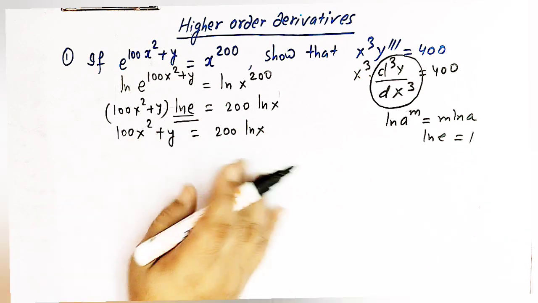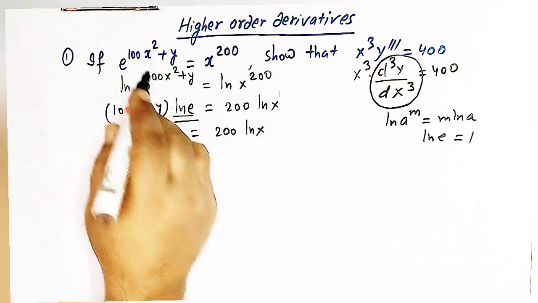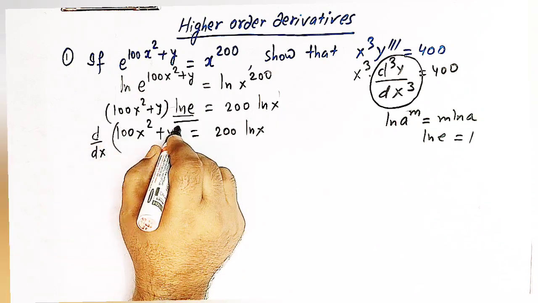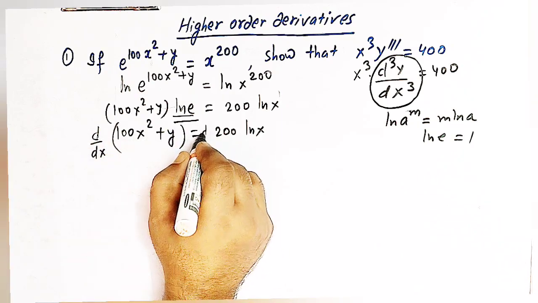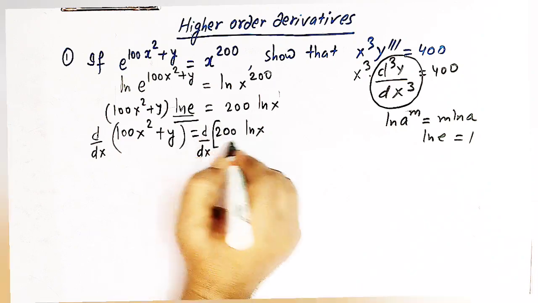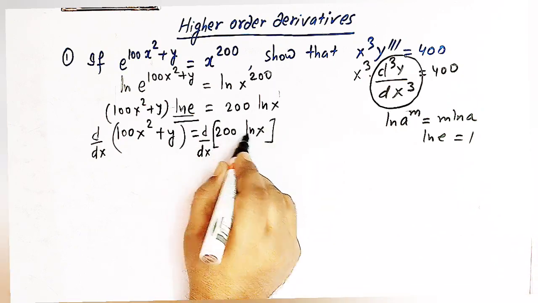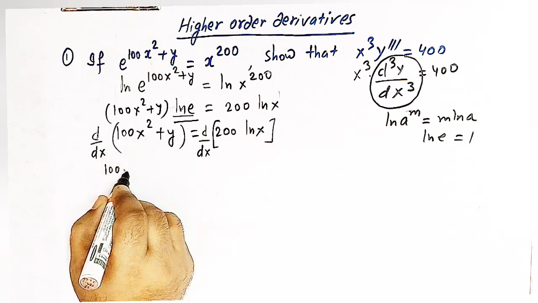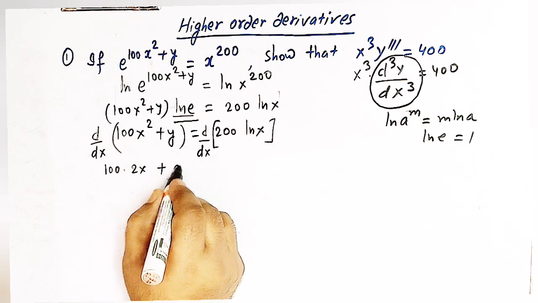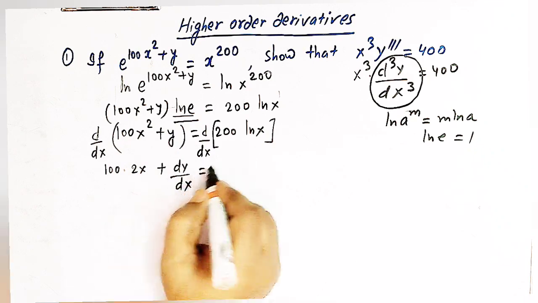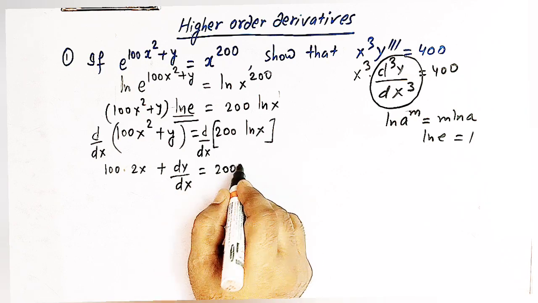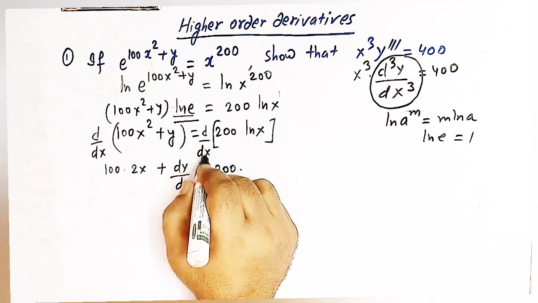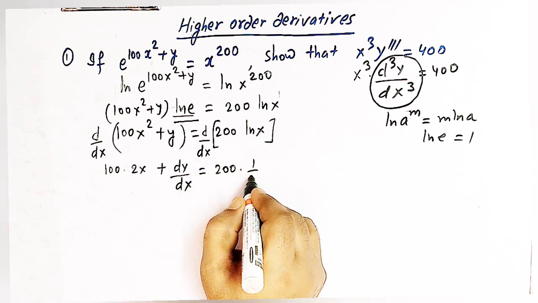Now let us differentiate both sides with respect to x. So we can write d by dx of 100x square plus y is equal to d by dx of 200 times log of x. Here the derivative of 100x square is 200x, and we have dy over dx, and 200 is a constant, and here log of x. The derivative of log of x is 1 over x.